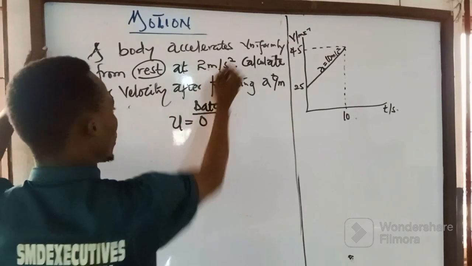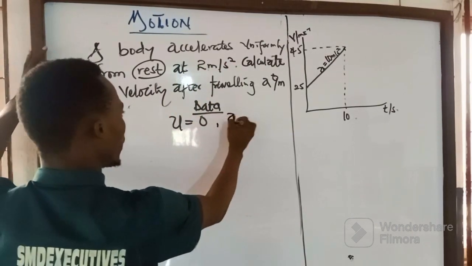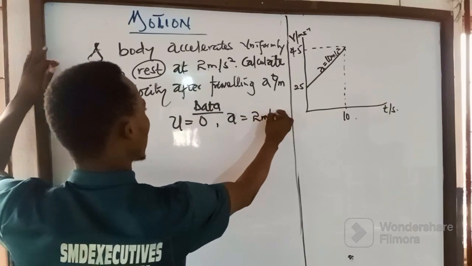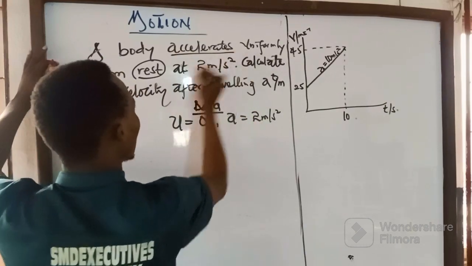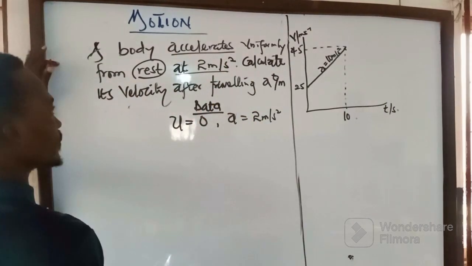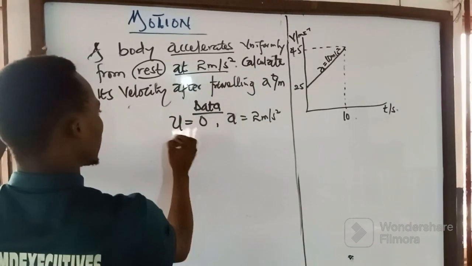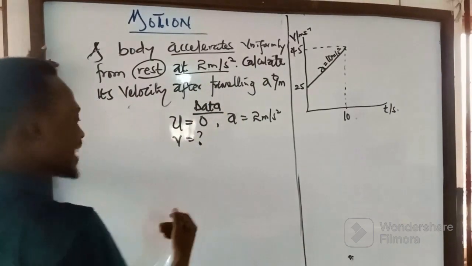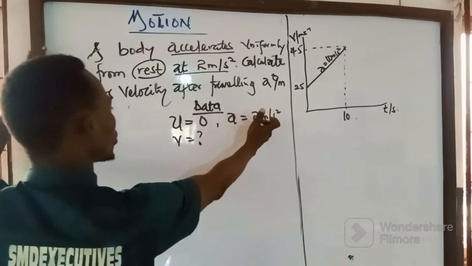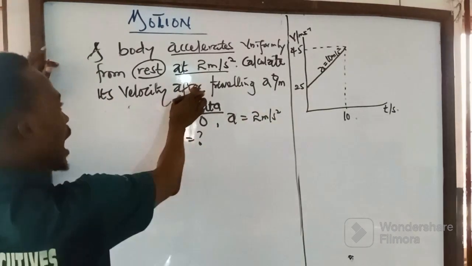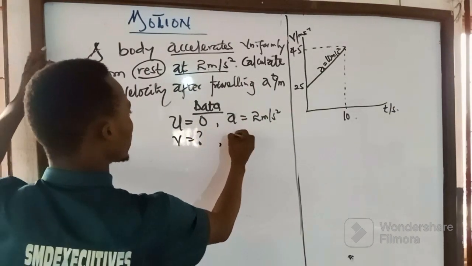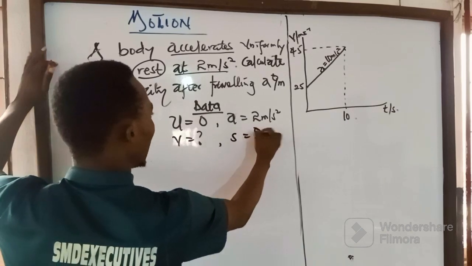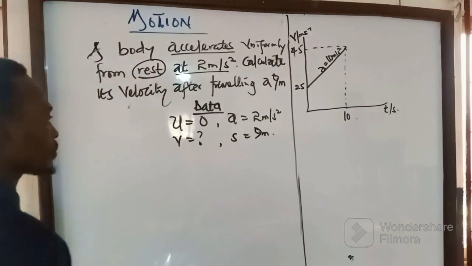It accelerates at 2 meters per second square, so acceleration is equal to 2 meters per second square. Calculate its velocity, that's the final velocity it has attained, after traveling a distance of 9 meters.